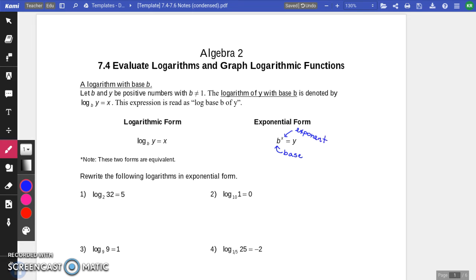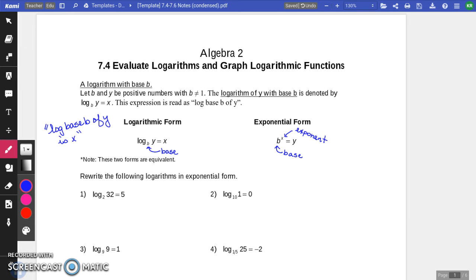Now a logarithmic equation, the equation here to the left, you would say log base b of y is equal to x. Okay, so that's how you would read that. This little number down here is called a subscript, and that is the base of your logarithm.